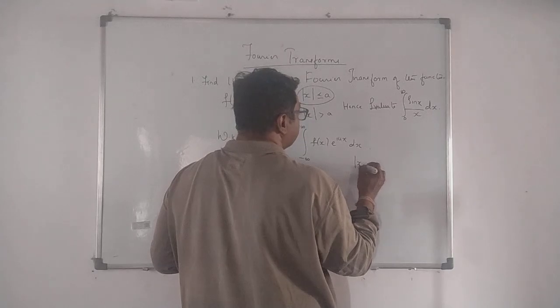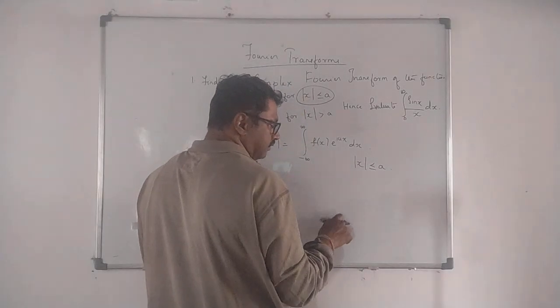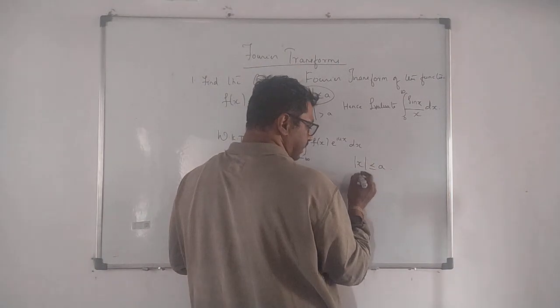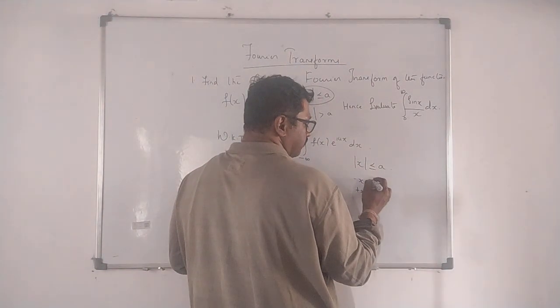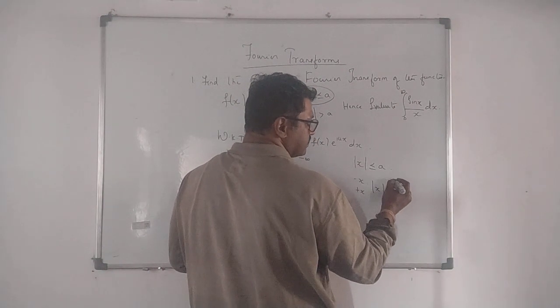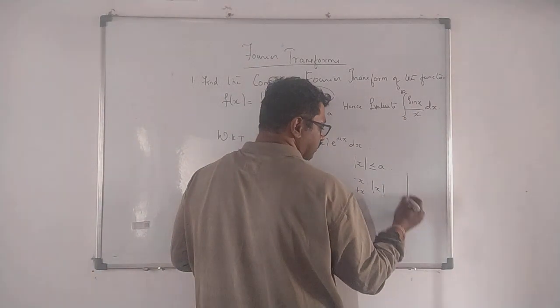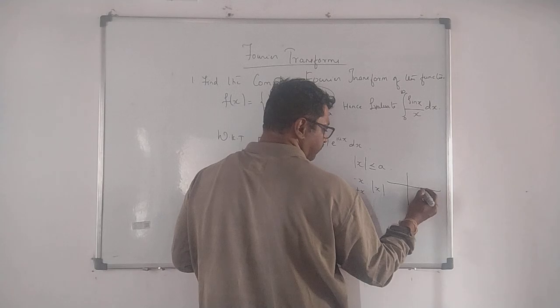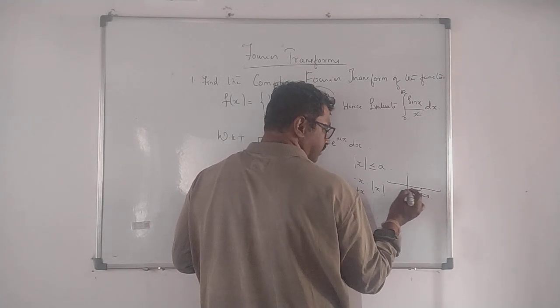Mod x is less than or equal to a, meaning x can be minus x or it can be plus x, but mod is always plus. So what they are telling is x is less than or equal to a. Consider some value x is equal to a. It is less than or equal to a.